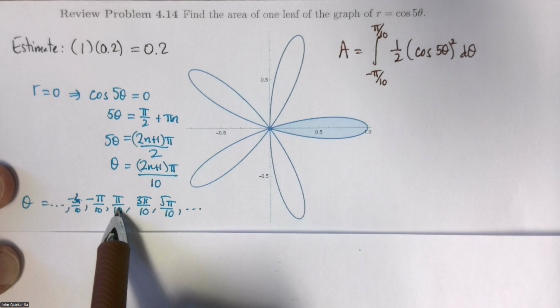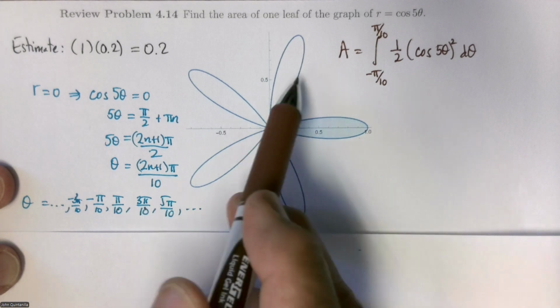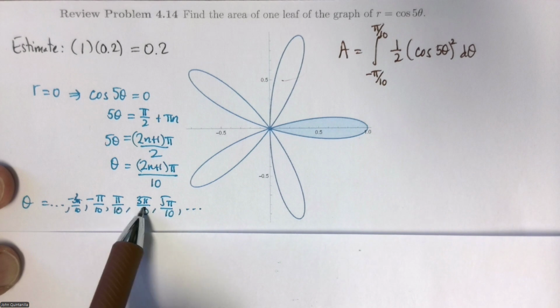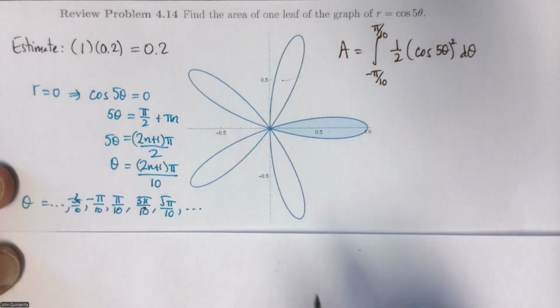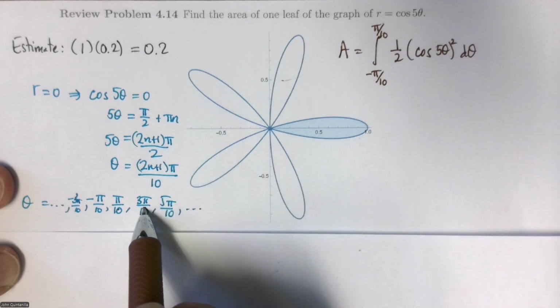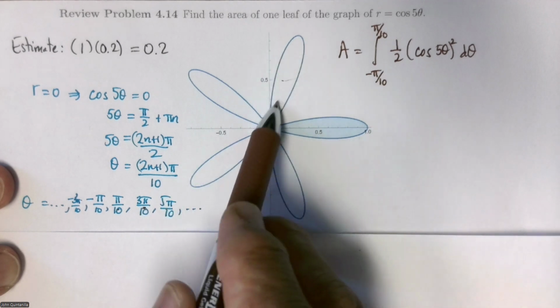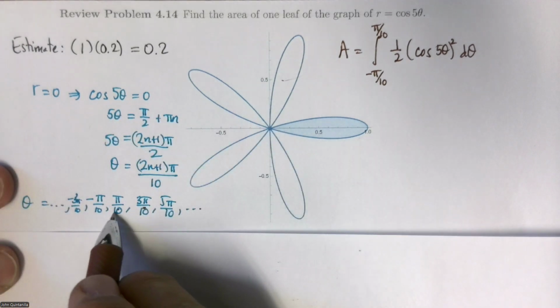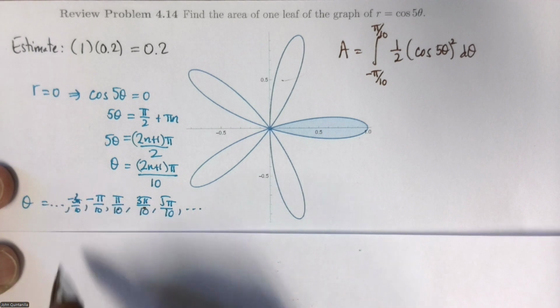I could have chosen pi over 10 to 3 pi over 10; that would have been the area here. If I had chosen between 3 pi over 10 and 5 pi over 10, it would have been this region over here. So any one of these endpoints would have worked as long as I take 2 consecutive times that theta passes through the origin.